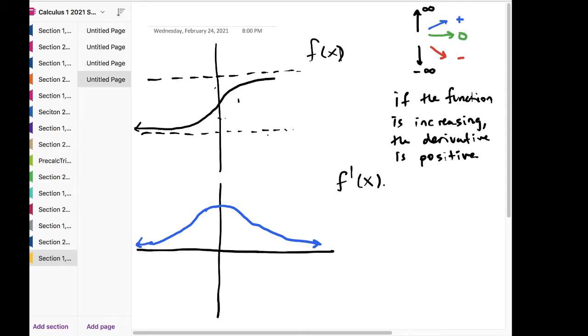So in this picture, this is an increasing function, and we can see that it's increasing fast here. Fast increasing. Right? And this one is not increasing much. This is slow increasing.